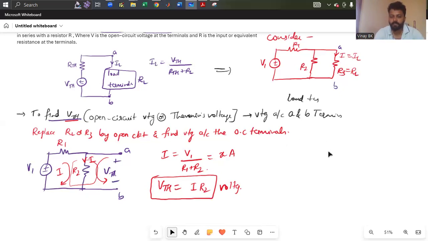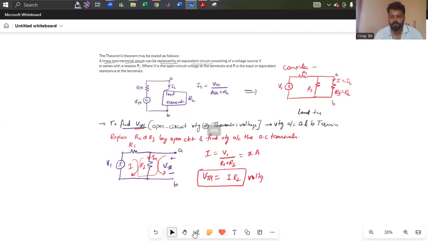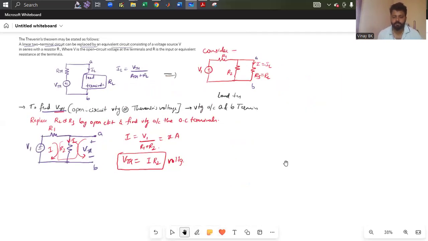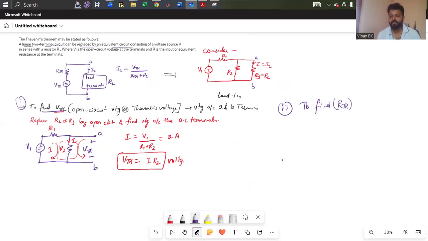Similarly, the second point is you need to find RTH, that's nothing but the equivalent resistor. To find RTH, or else to find the equivalent resistor, or else Thevenin's resistor, replace all the independent sources by zero.